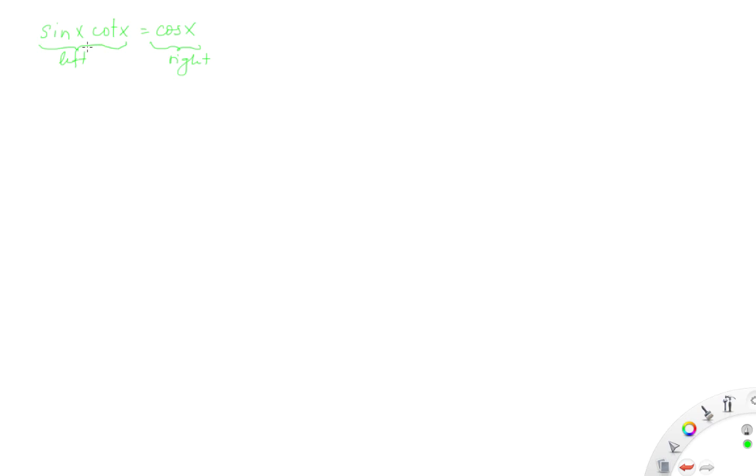So the left side here is equal to the right side, and we have to prove it. What we're doing here is proving that the right side is equal to the left side.